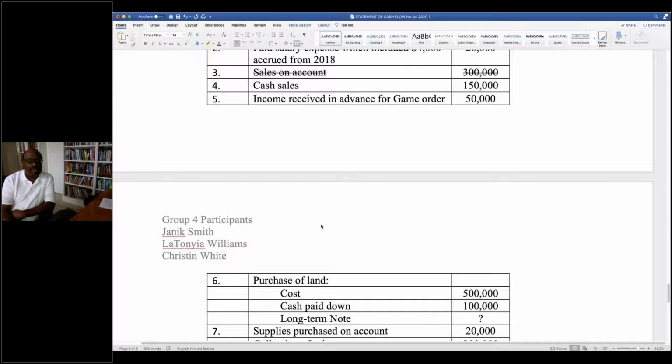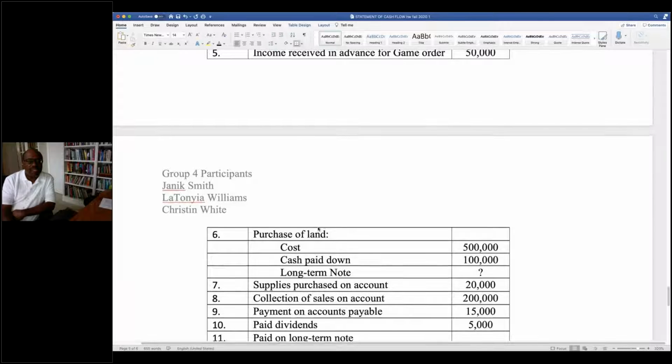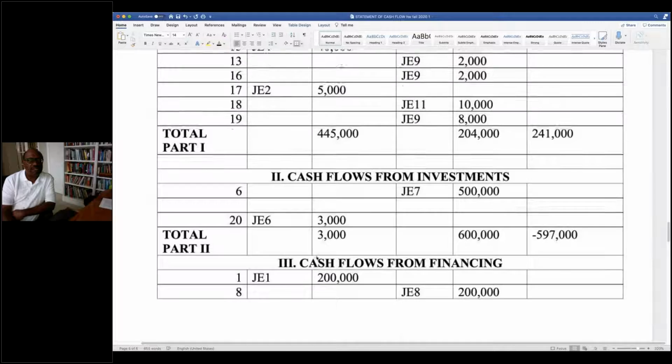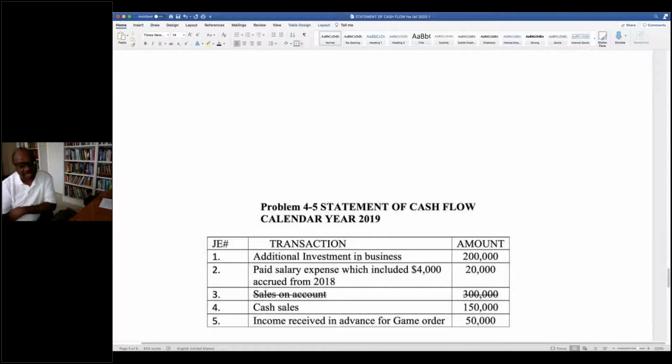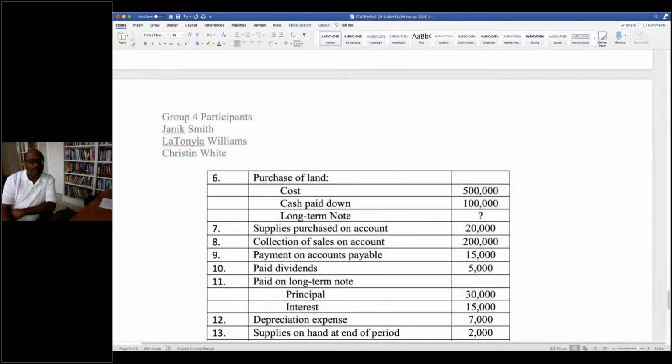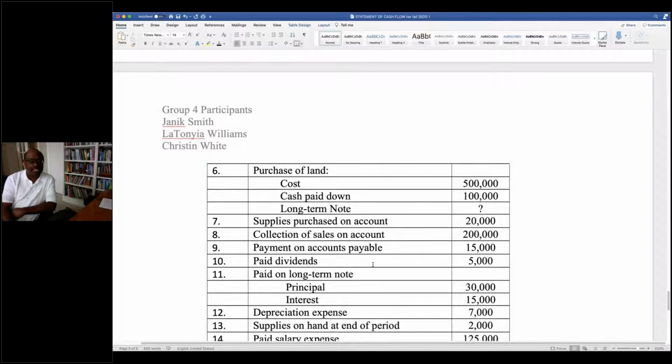And let's see what else is in here. Collection on sales on account. Did you collect that 200,000? That's there. Paid on long-term note, principal 30, interest 15.